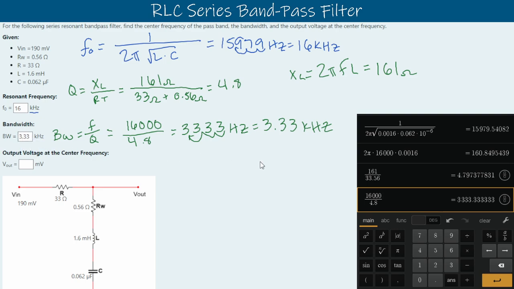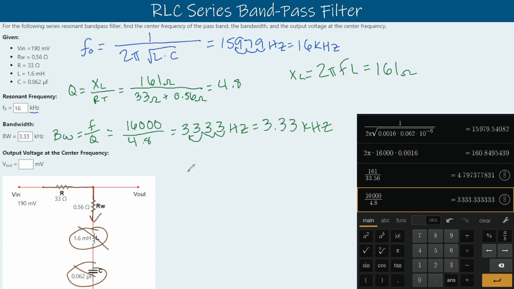And now we just need to go after our voltage output. And so the voltage is going to depend on the fact that we have two components here that are going to cancel each other out. Right, so since they're in series with each other, our inductive and our capacitive loads will cancel each other out, and we're just left with a linear load, which is our resistors in series with each other.